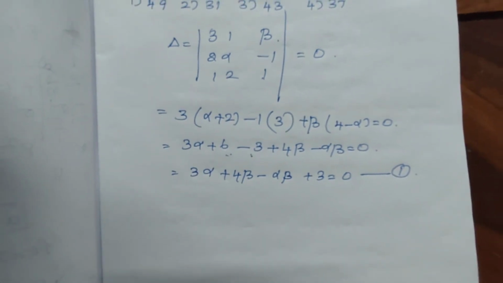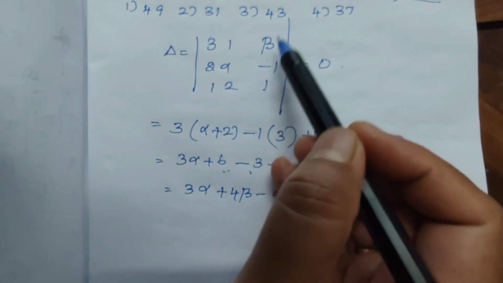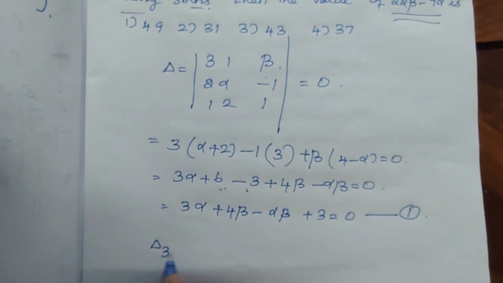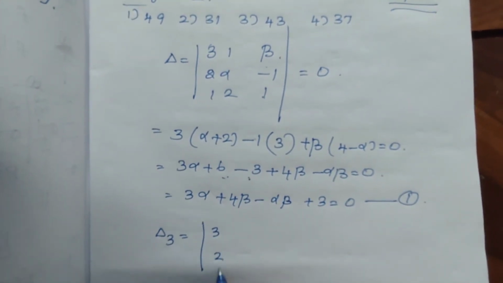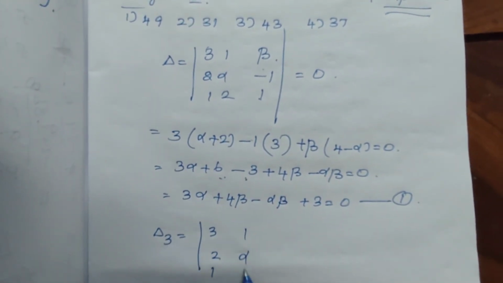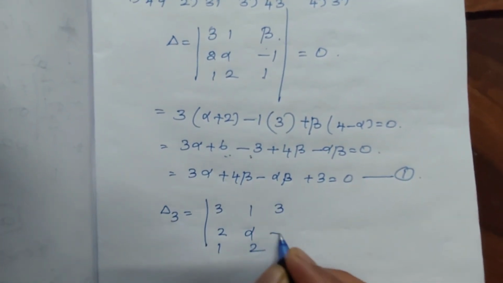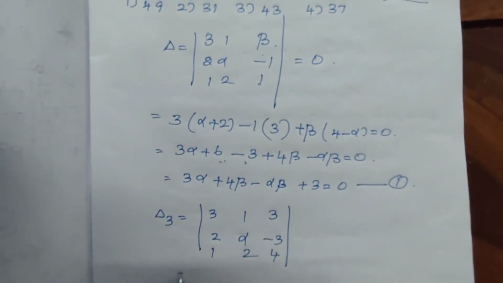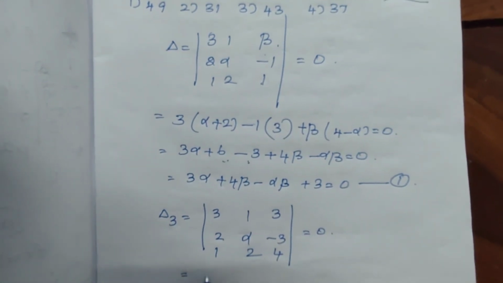Next it has infinitely many solutions. Therefore I replace this column by 3, −3, 4, that is called Δ3. So what is there? This one 3 2 1, 1 α 2, then 3 −3 4. Now we have to multiply, it is also equal to 0, infinitely many solutions.